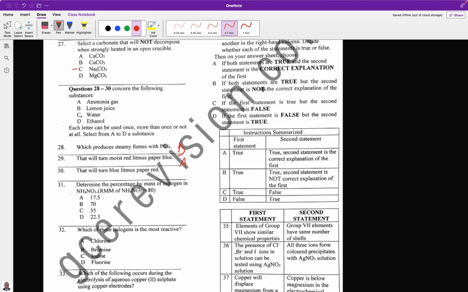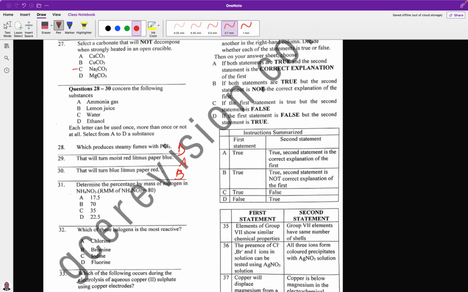It must be lemon juice. Lemon juice is acidic. So it is B. The answer is B, lemon juice.